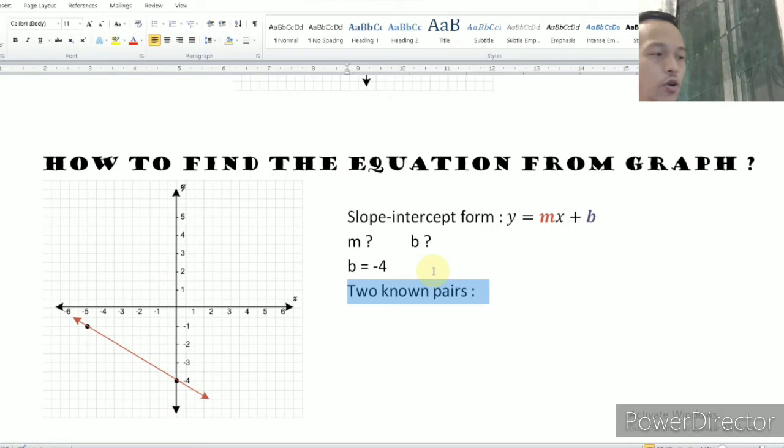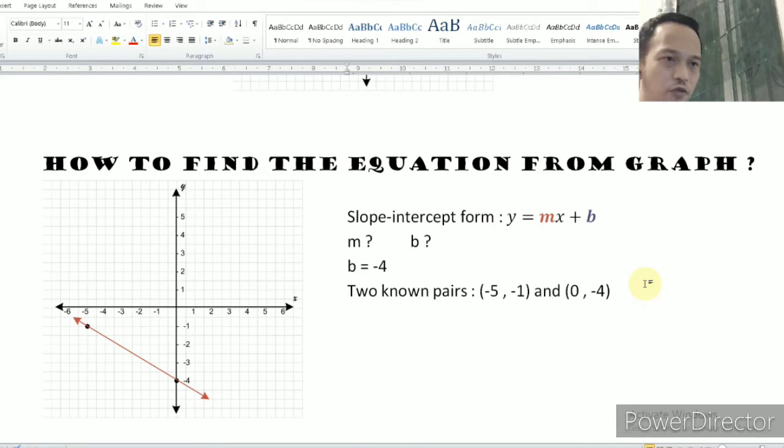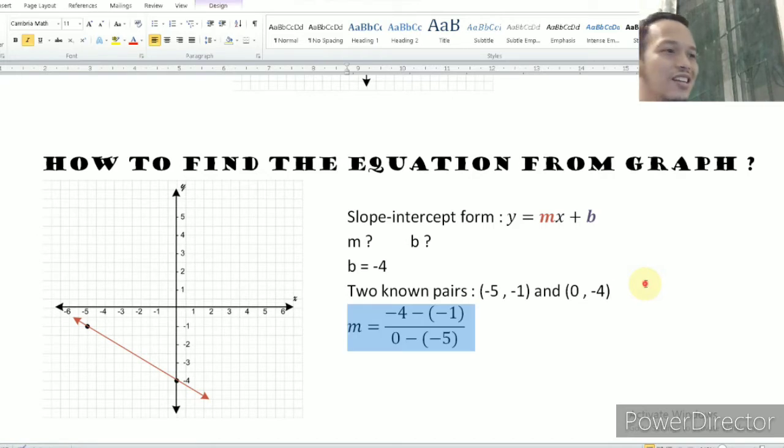For finding the slope, we just use the two known pairs that we can detect from the graph, which are negative 5, negative 1 and 0, negative 4. For this one, I can use either the rise over run or the delta y over delta x. For this example, I will use the formula of the slope, delta y over delta x.